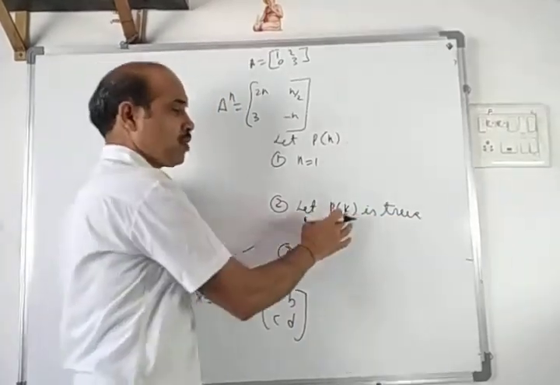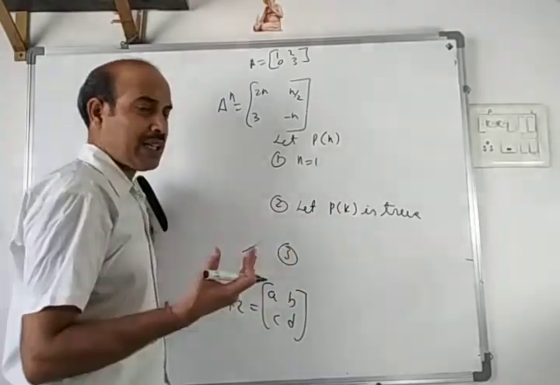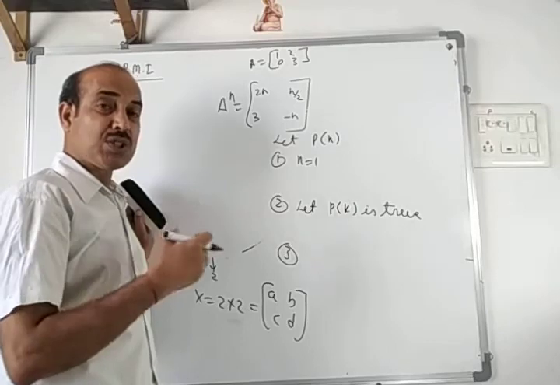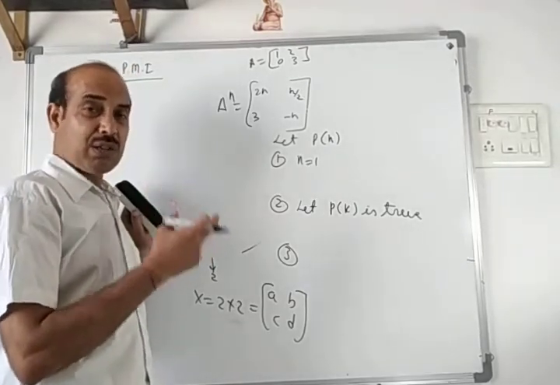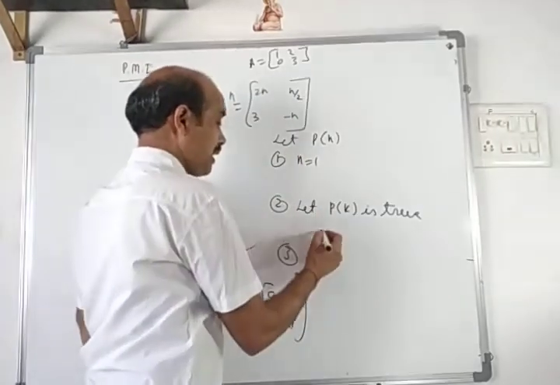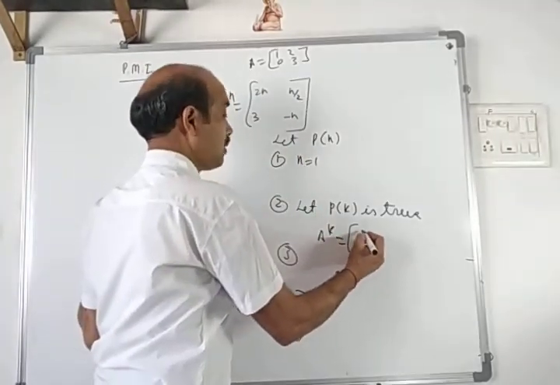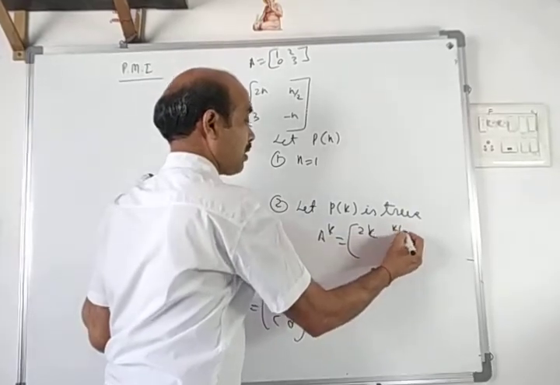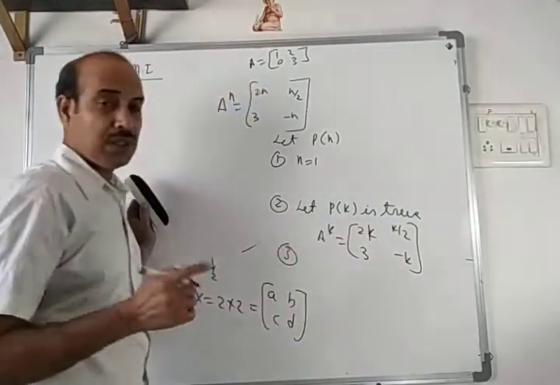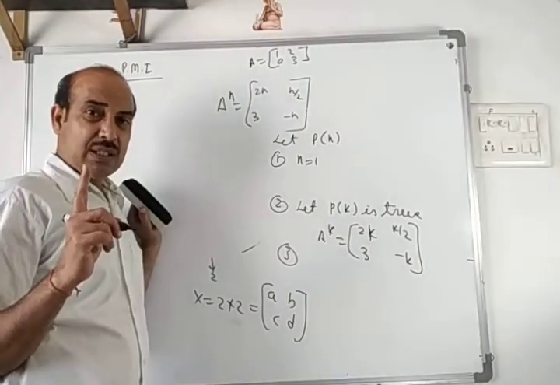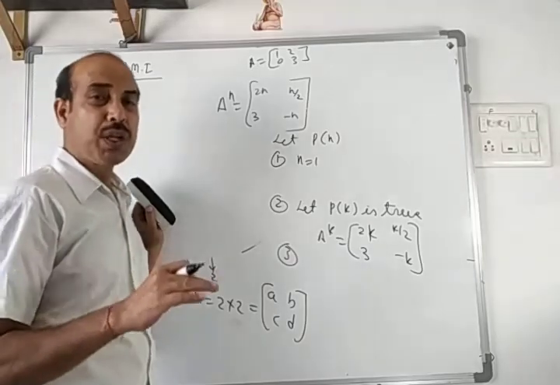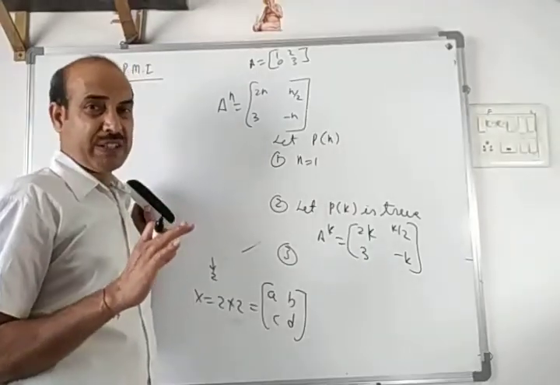In some books it is written as m, Pm, that is also correct. We are not proving it, we are supposing it is true for n equal to k. So by supposing it, you can write A to the power k is 2k, k by 2, 3 minus k. This is the second step, which we are not going to prove, we are only supposing it.